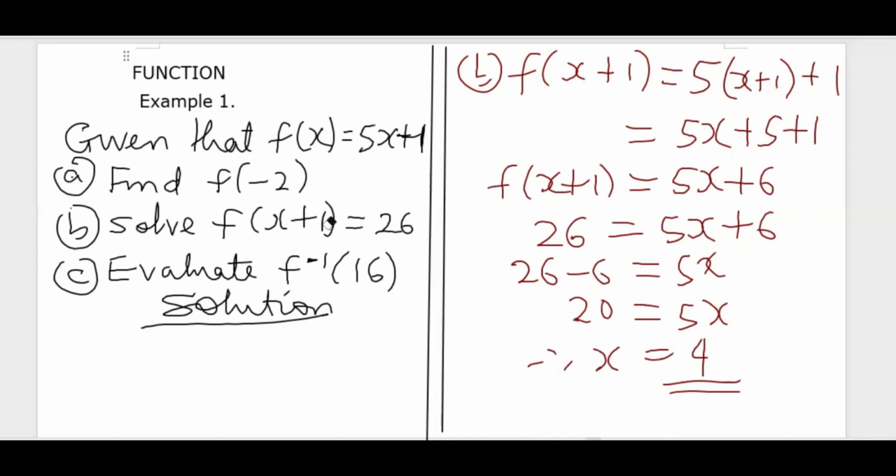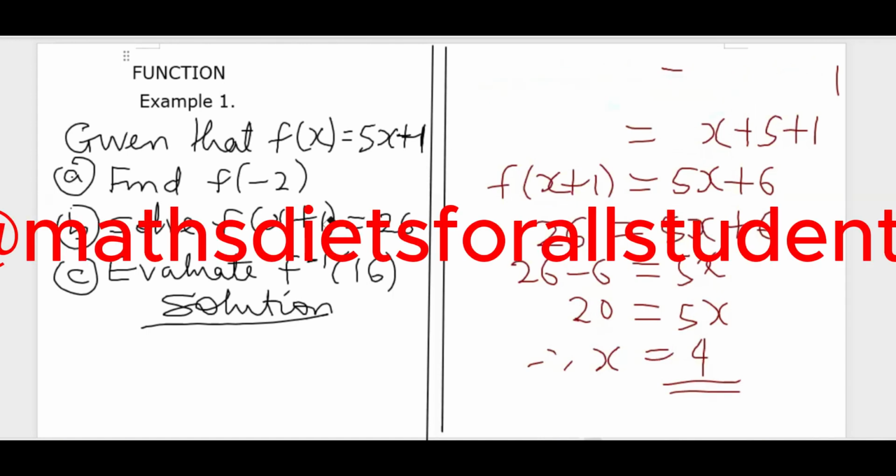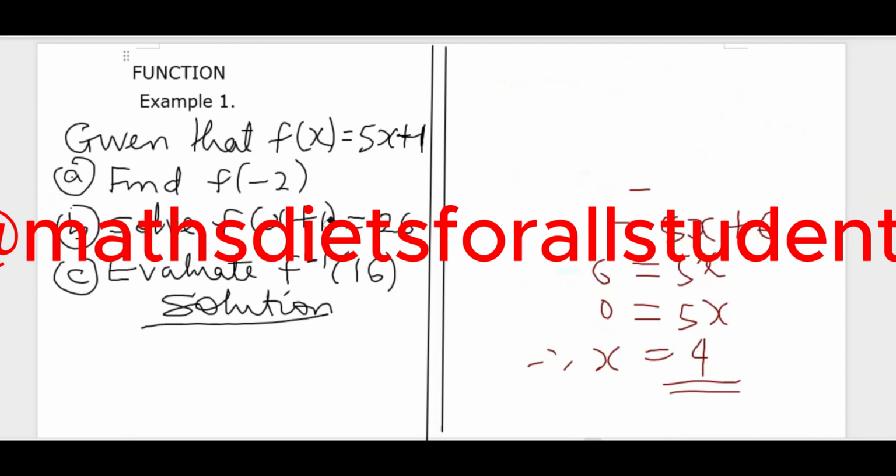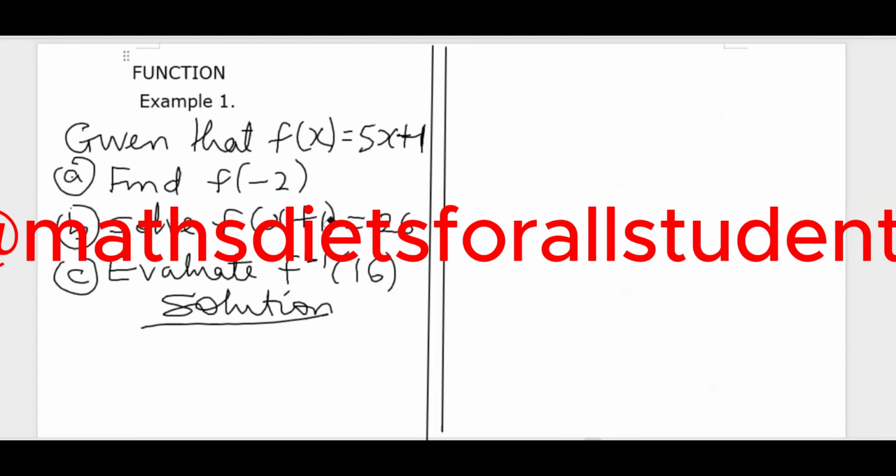And lastly, the C part. In this C, we are to find f inverse of 16.